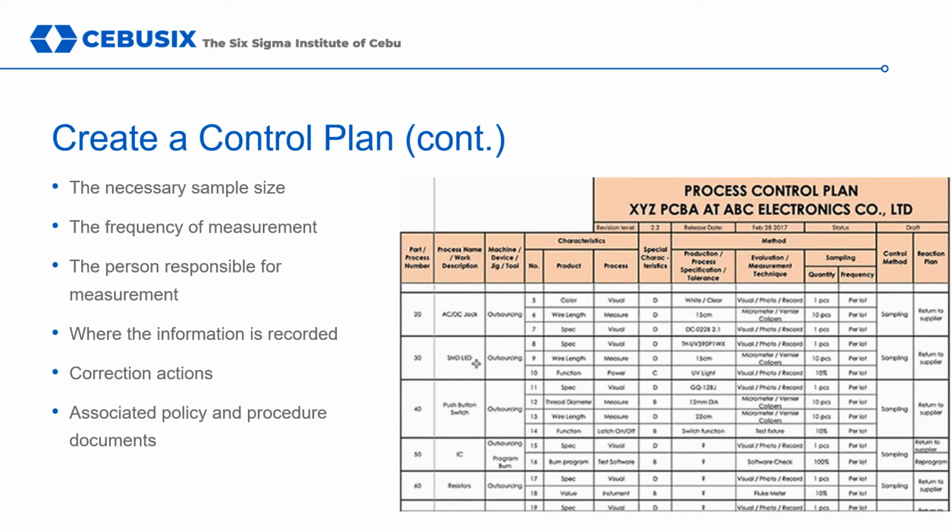And in the event that an issue is discovered at the time of the measurement, what corrective actions are necessary to bring the process back under control. The control plan should also identify and associate policy and procedure documents that the organization may have with regards to the process.